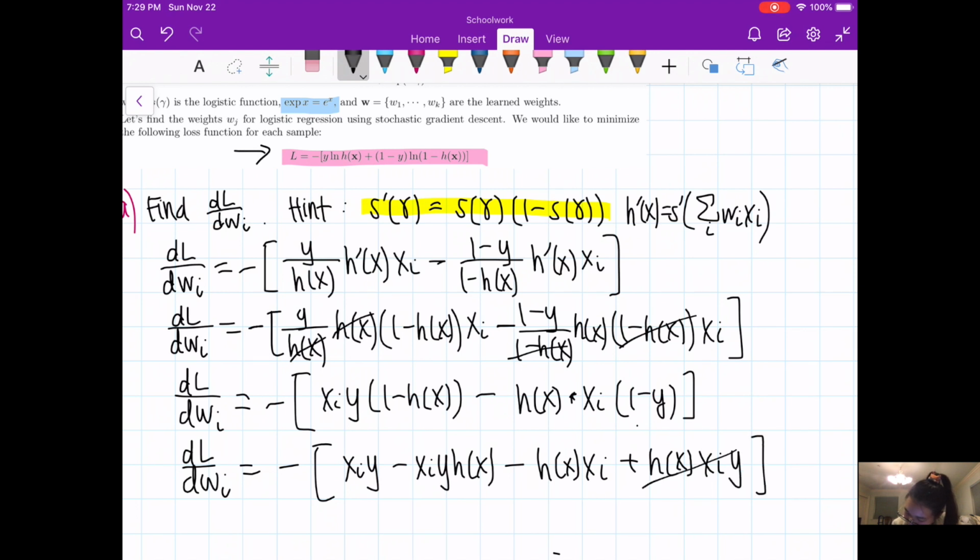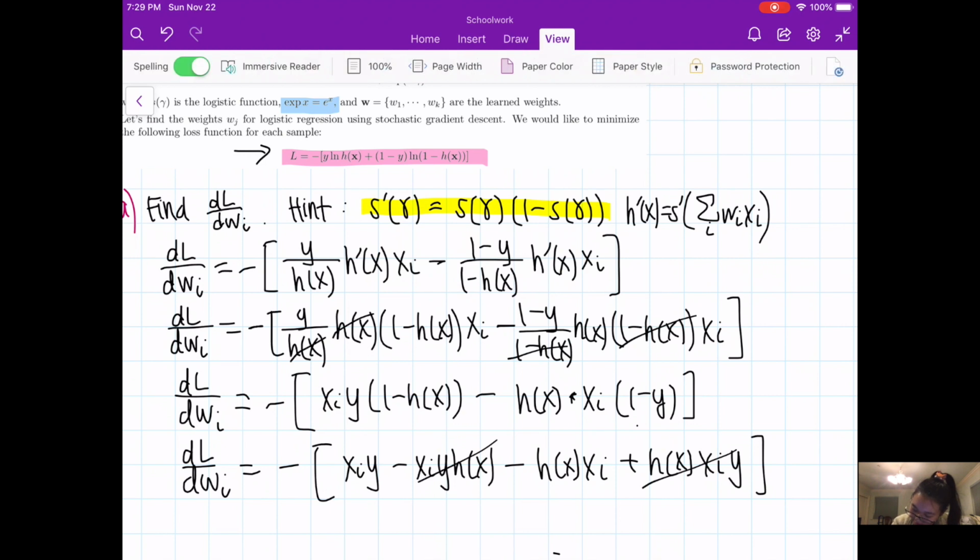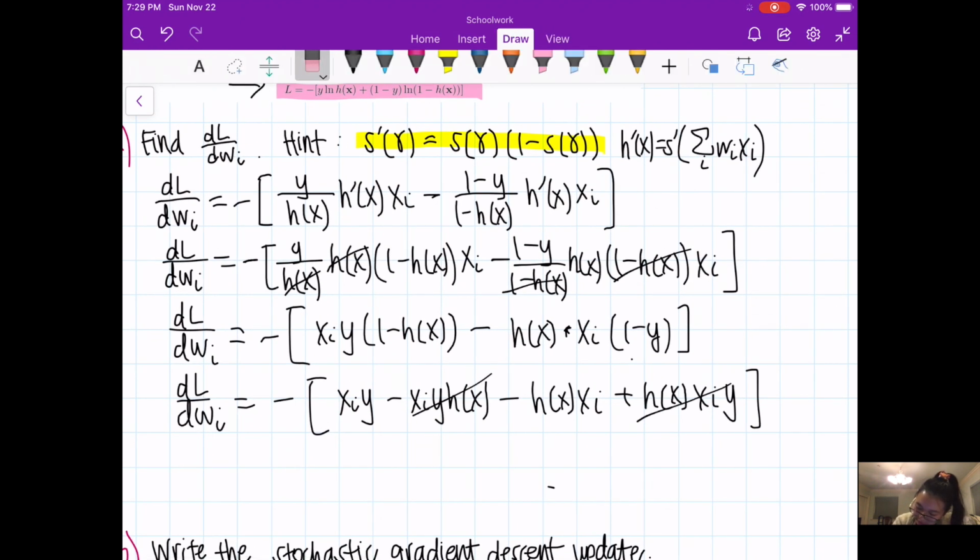So then based on that, these two cancel out, and then we will end up getting that the derivative of the loss with respect to the weight will be equal to negative xi times y. Let me rewrite that. Times y minus h of x. So this will be our derivative and also our answer for part A.